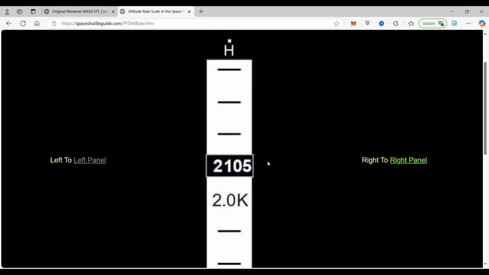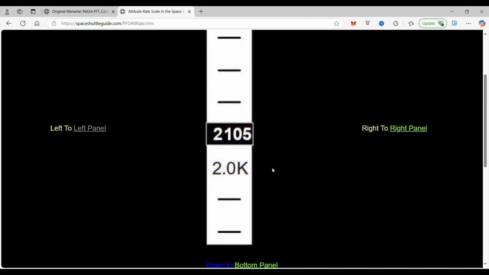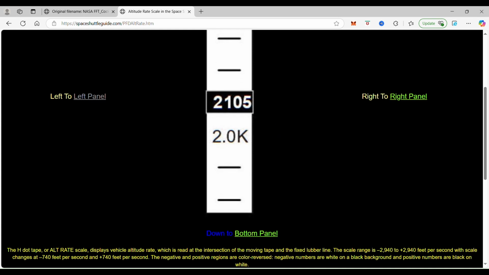So if we have any aviation buffs out there, this is basically your vertical speed. Usually in an airplane it's 500, 1,000, 1,500 feet per minute. Feet per minute in an airplane. We're talking feet per second here.